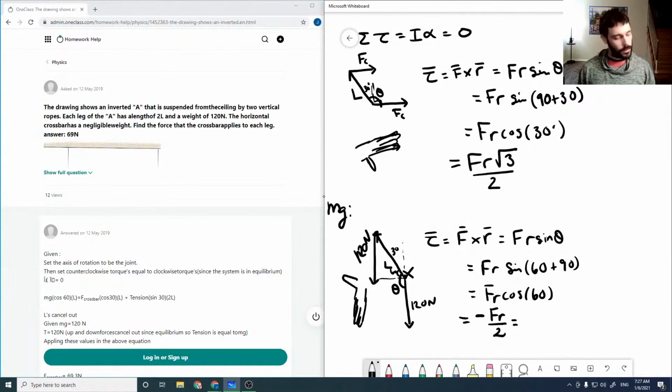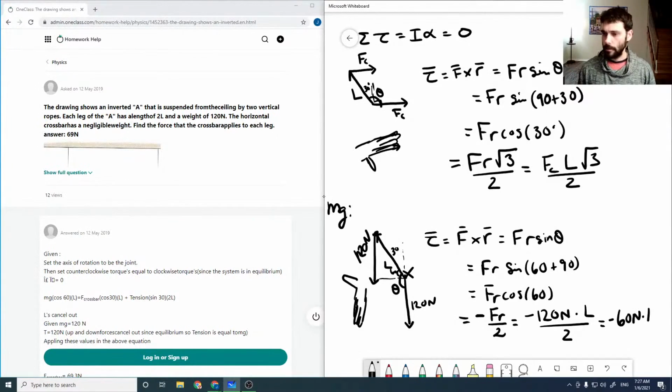And actually in this case, we do have quite a few of the values, and for this one as well, so this should have been FC, R in this case is L, root 3 over 2. And in this case, we have minus 120 newtons times L over 2, which is just minus 60 newtons times L.